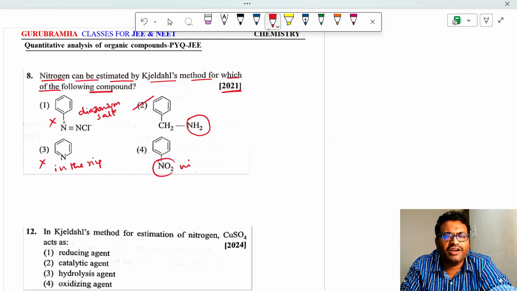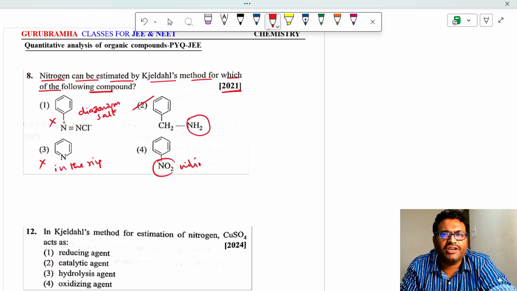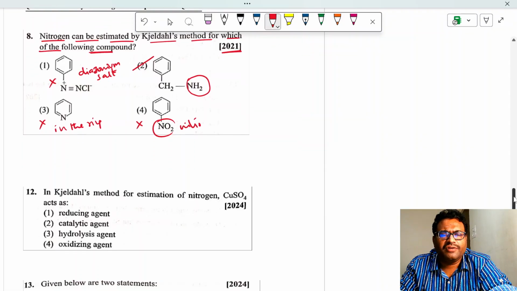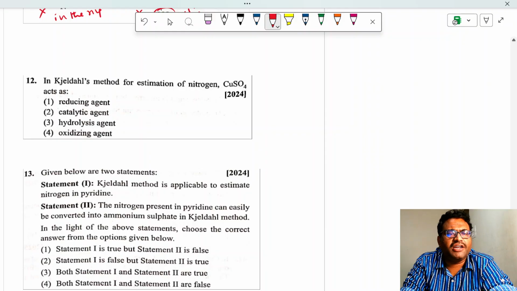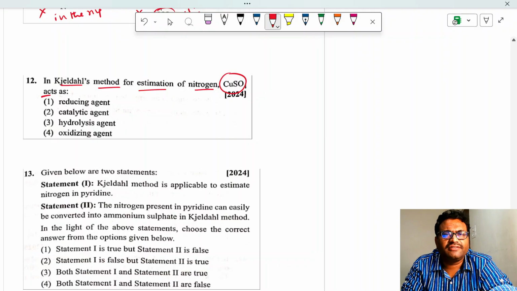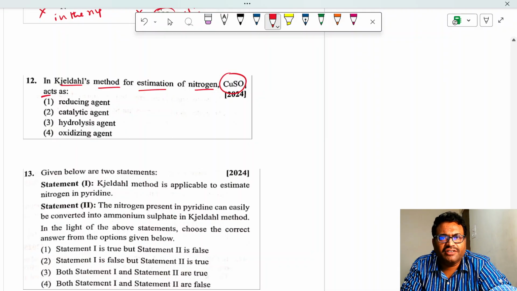Here this is a nitro, it cannot be converted quantitatively into ammonium sulfate, so not possible. So the answer will be second. Okay. Next, in Kjeldahl method for estimation of nitrogen, CuSO4 acts as, already we have seen, in the Kjeldahl flask, we heat the organic compound with CuSO4 and K2SO4. CuSO4 acts as a catalyst. It is acting as a catalytic reagent.